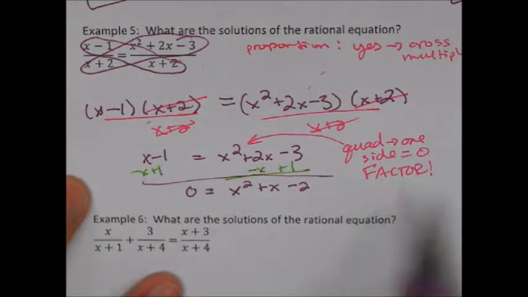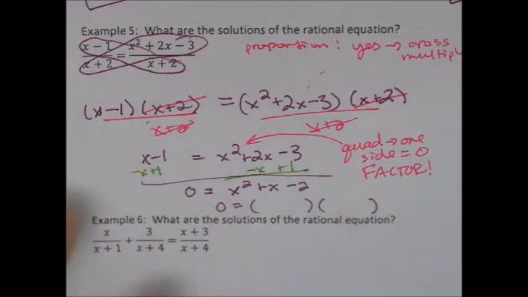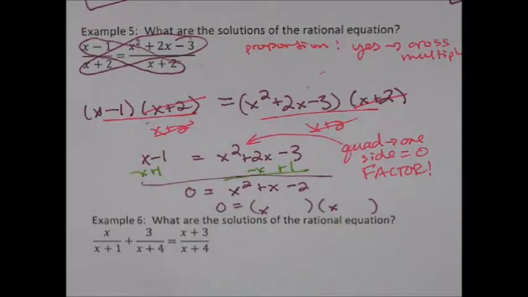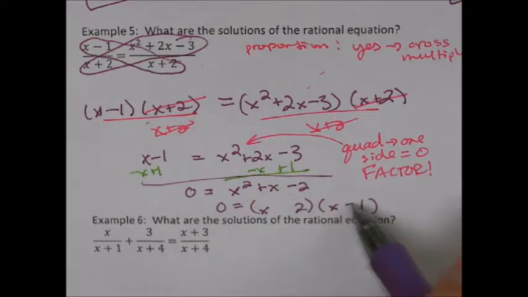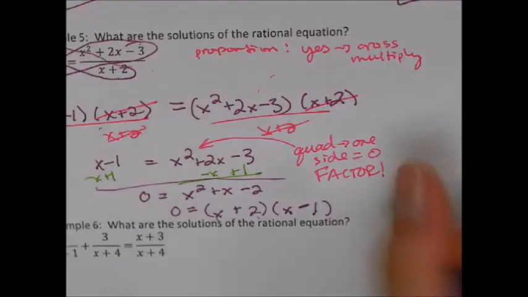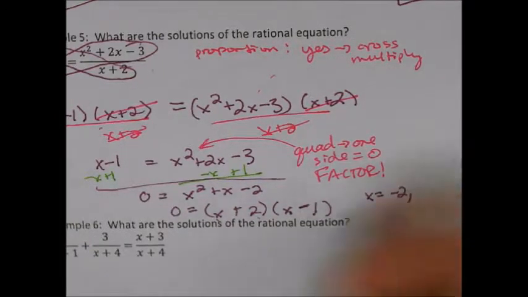Now we get to factor. Go ahead and factor your trinomial. We have x and x. And then multiplies to 2, I have a 2 and a 1. This gives me a positive 2x, negative x, so that's positive x. So this gives me the solutions x equals negative 2, positive 1.